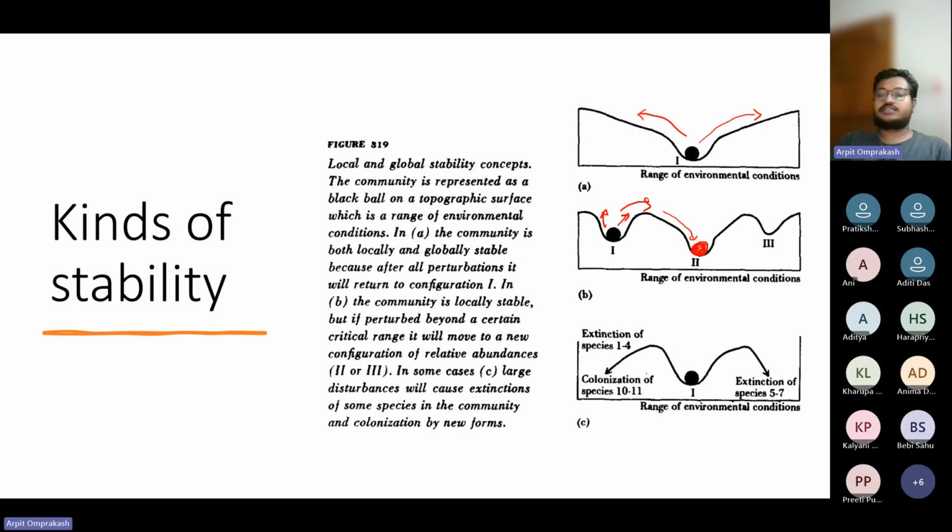Now, in the third case, even in the case of globally stable communities, if you push them to a very large extent, so a very large disturbance, some species will go extinct and some species will then colonize the community, and thus it will lead to irreversible changes to the community.